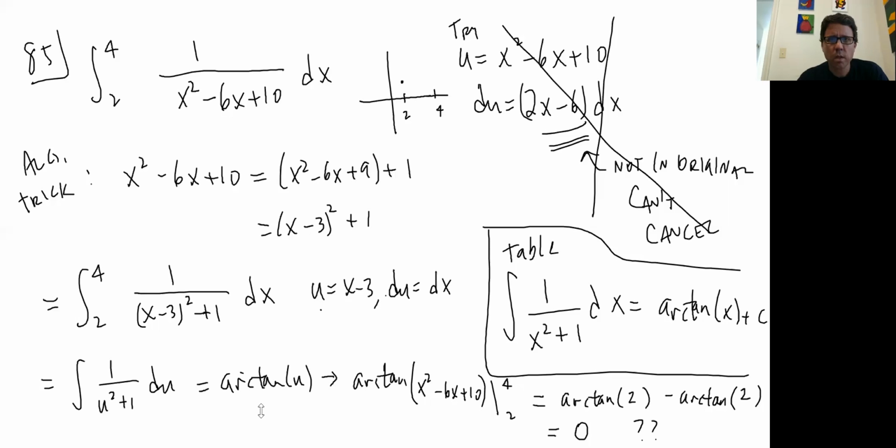We haven't done this enough, so go to Wolfram Alpha here. Integral of 1 over x squared minus 6x plus 10 from x equals 2 to x equals 4.